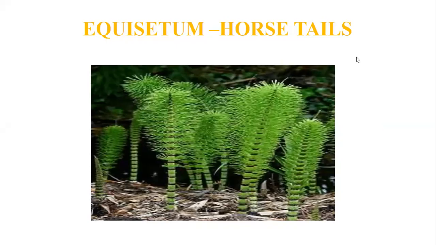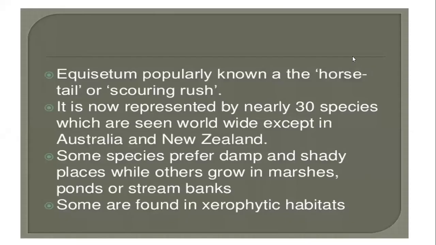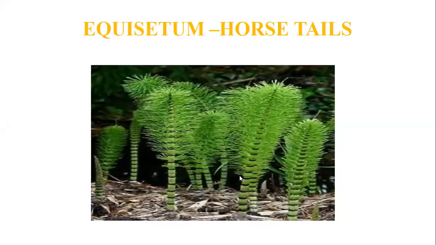Now, next we're moving on to the characteristic features of this Equisetum. It is popularly known as the horsetail. Why is it called horsetail? Because you can observe here the central axis, and the leaves are like pointed leaves.